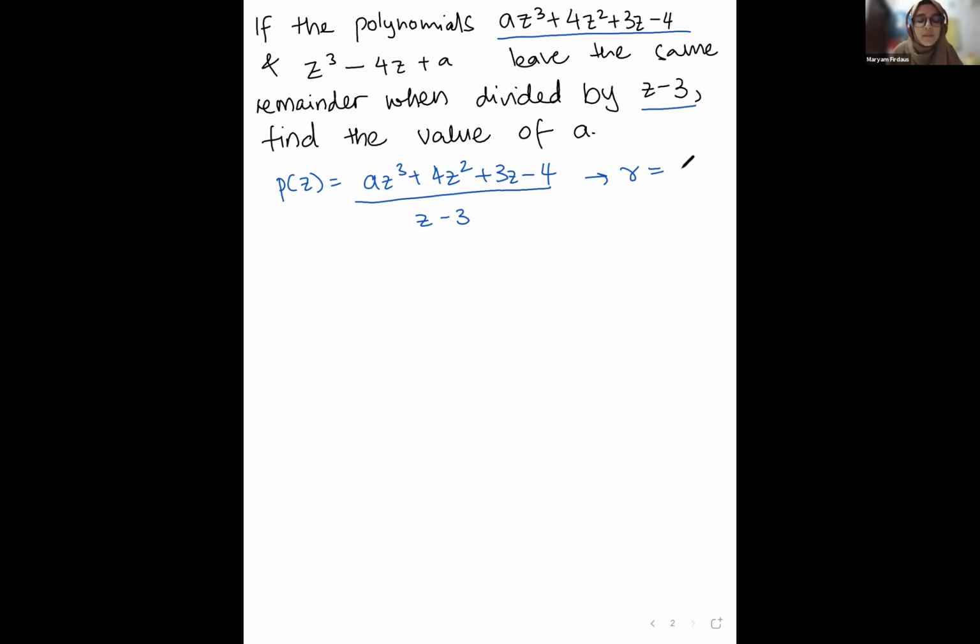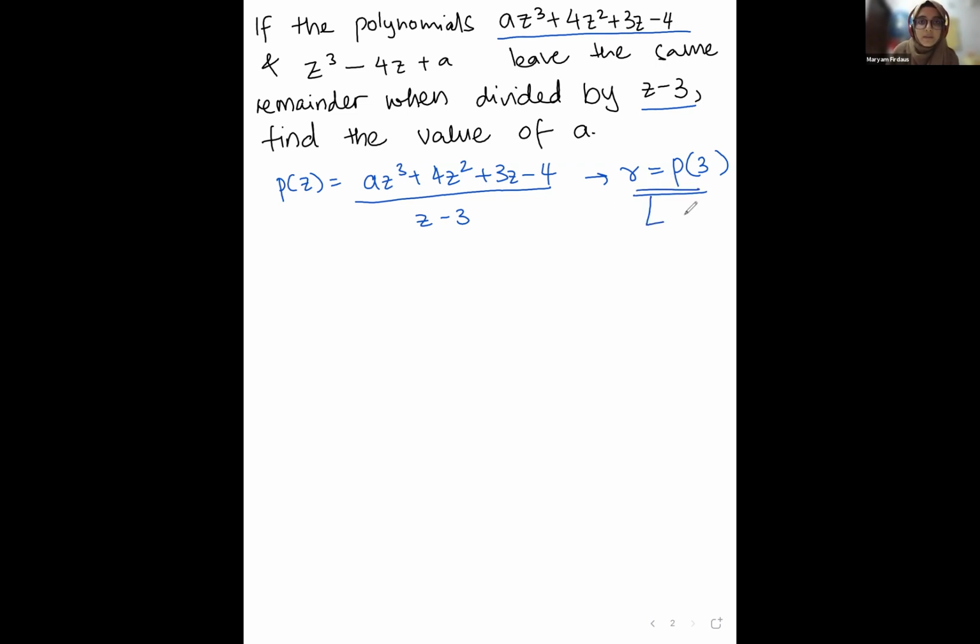One thing we know by the factor theorem is that the remainder will be p of, who's going to tell me? Ma'am, p of 3. You remember whatever we had over here. So p of 3 will be the remainder.